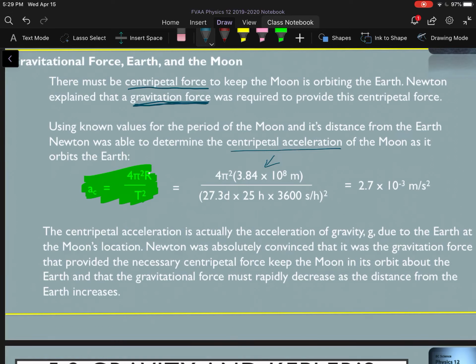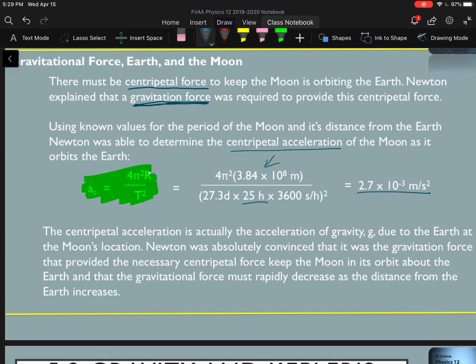And so here, for some reason, they have a 25-hour day instead of a 24-hour day. But otherwise, that's the numbers they use. You're able to solve for the acceleration due to gravity, which is the centripetal acceleration of the moon towards the Earth, of this value here.